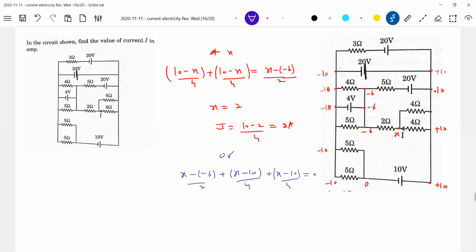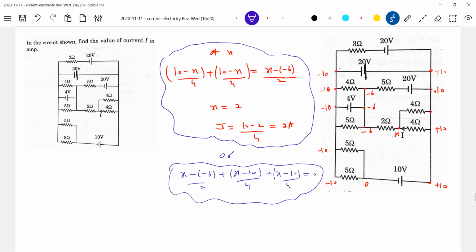We don't know the current direction, so you write the algebraic sum at the junction. This is not advisable. Please do follow the teacher's instruction. To make you understand, I took it that way, but this is the general thinking. I think this is advisable. Sir, how do you know current is entering, since current may flow either way? That's a very good question.